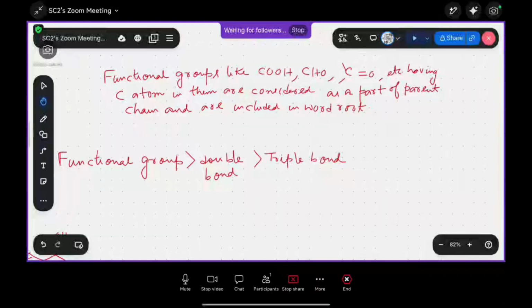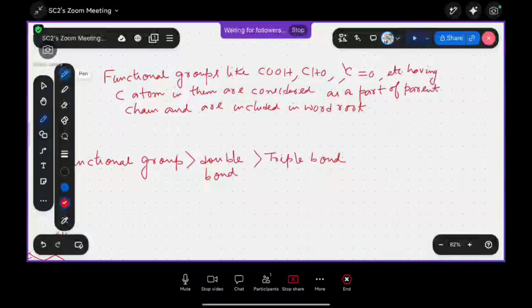Any organic compound having a functional group which itself has a carbon atom in it, like the carboxylic acid functional group COOH, the aldehyde functional group or the ketone functional group, will be considered a part of the parent chain, and those will be included in the word root.